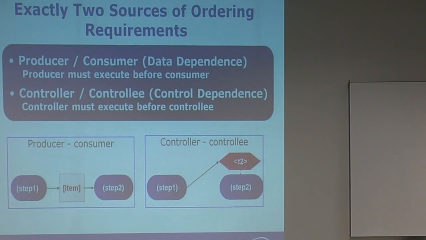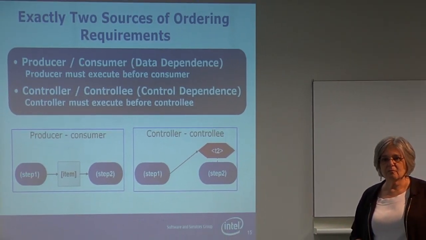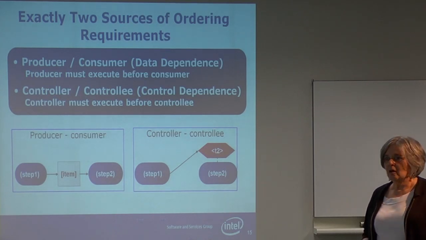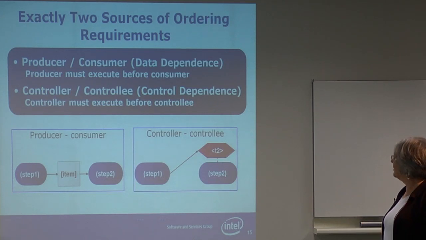This producer relationship is similar to that producer relationship, so it's just producing something. This relationship, on the other hand, is different, and the meaning of that I'll tell you in a minute. Basically, this says if there's a tag here with a certain value, then that step, having access to those values, is going to be executed sometime. So that's the control information. And I'll tell you more about that because, as I said, it's new.